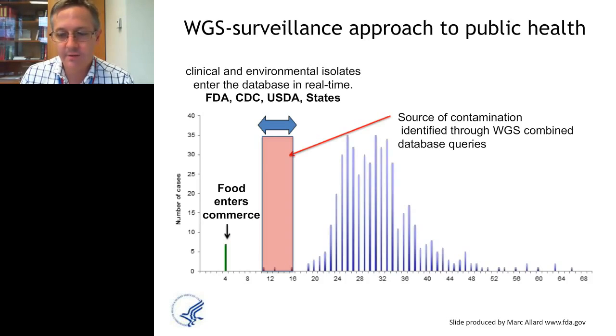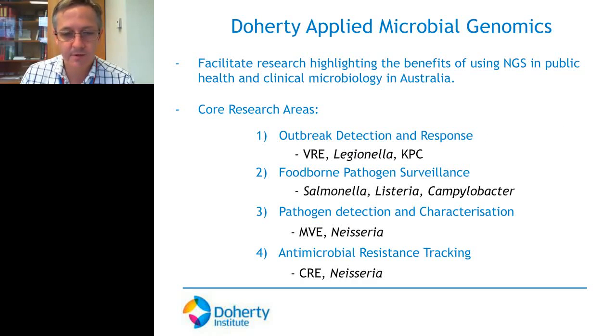That led to an investigation that intervened and likely led to the prevention of a large number of foodborne disease cases in this instance. That shows the potential power of genomics if you have data sharing in real time to really disrupt these sorts of things. So there are some examples of what's been happening internationally.